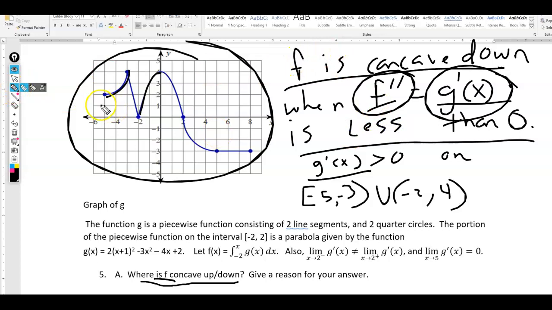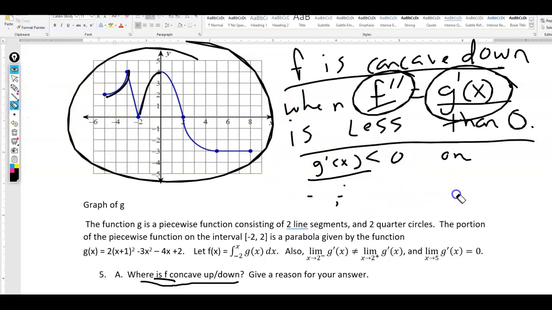And G prime is less than 0 on the following intervals. Anywhere where the slope, which is G prime of x, is negative. Well, that would be here, and here, here.